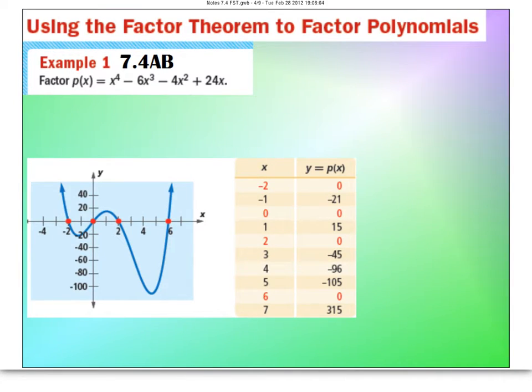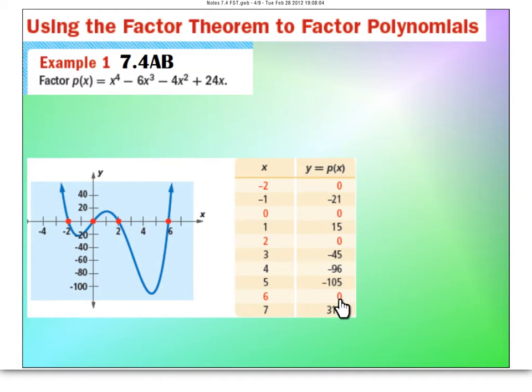Well, let's look at this last example. We have here a 4th degree polynomial. And what they want us to do is see if we can identify the zeros of the function, and then write them in factored format. So notice here again we have the 4 x-intercepts that we can see, and notice the x-intercept of -2, the y is 0. All 4 of them have y values of 0.